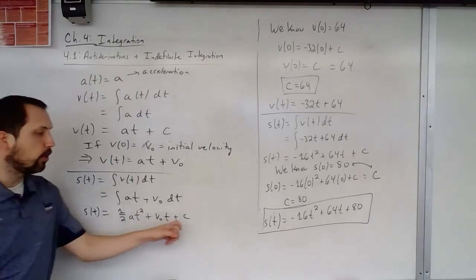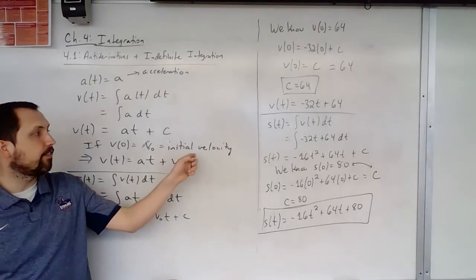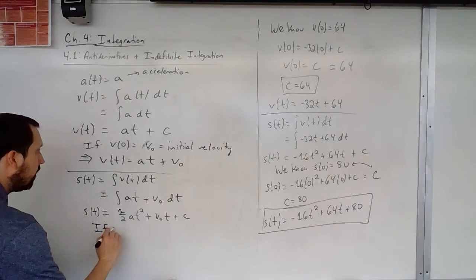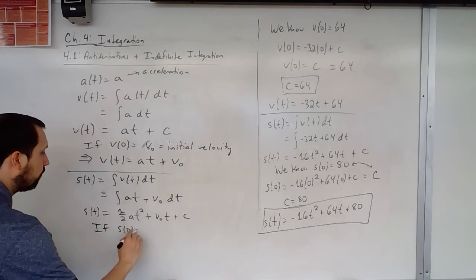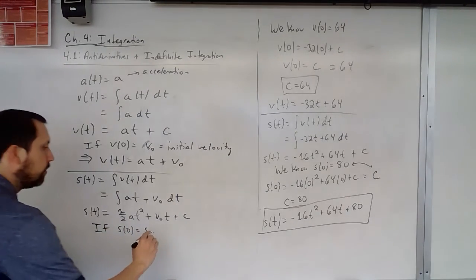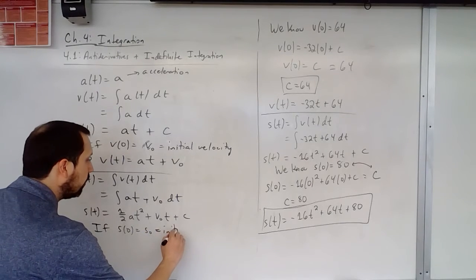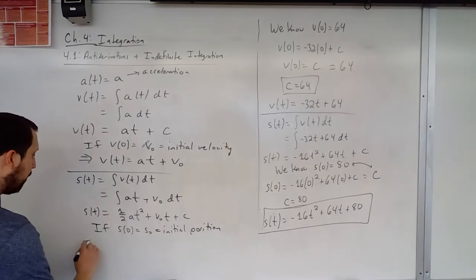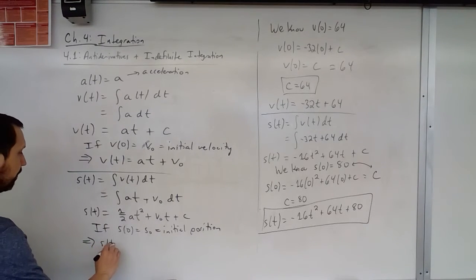So this is my general expression, but again, if I have initial information, so if s of 0 is equal to, say, s sub 0, this is my initial position, what I now get is the following function.